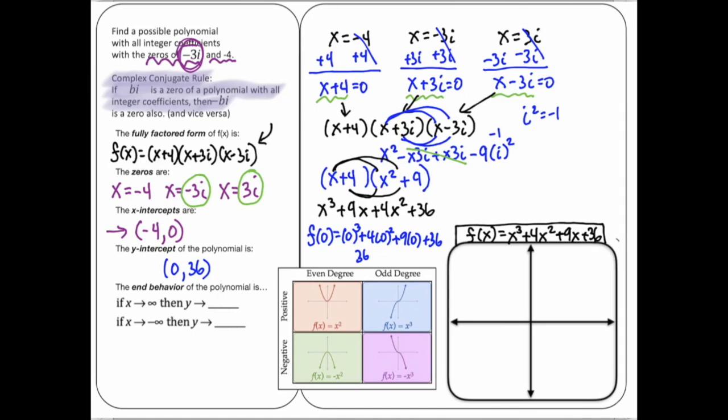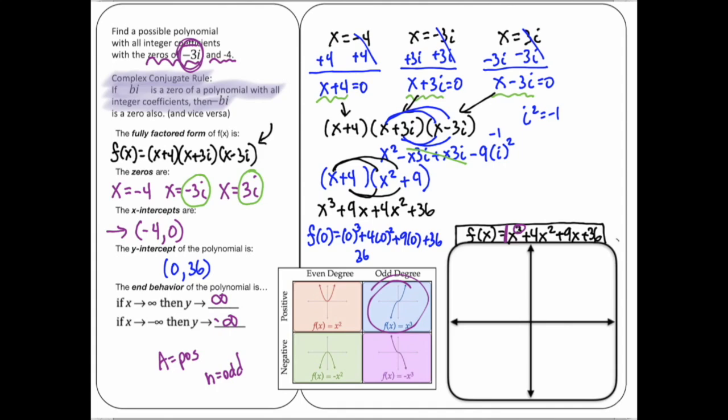And we end up with this, which is going to be a leading coefficient which is positive, and odd for n. So we know that that is going to be this guy and this guy.